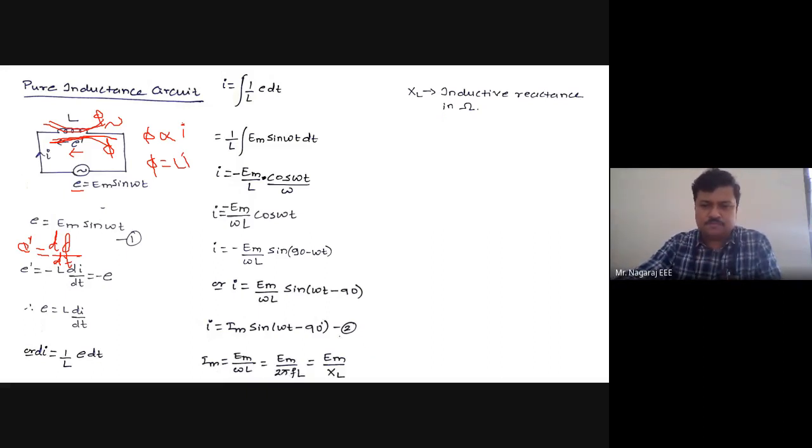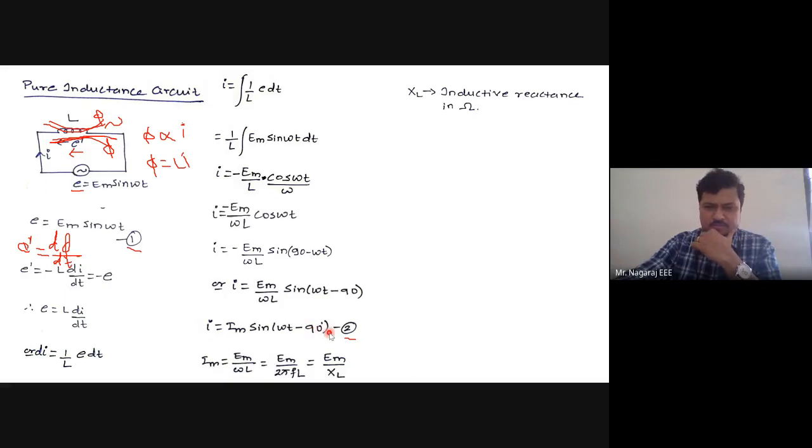Now observe equation 2 and equation 1. Equation 1 has a term sine omega t, while equation 2 has a term sine omega t minus 90. It means that the phase angle difference between the two is not zero. There is some phase angle between current and voltage, and because it is omega t minus 90, the phase angle difference is 90 degrees.